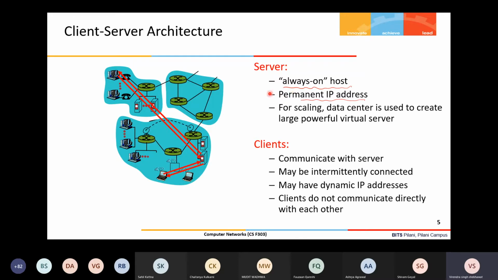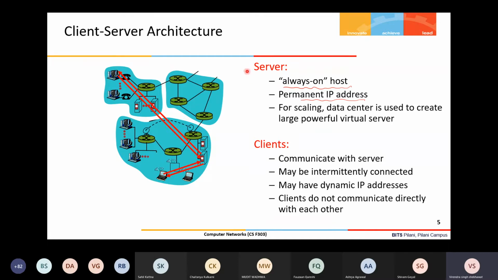So it should be more or less permanent. Yes, it can be changed, but when you change it, then you need to communicate that information: my address has been changed. Now how to communicate, we'll see that. How the servers communicate to the rest of the world that my address has been changed.